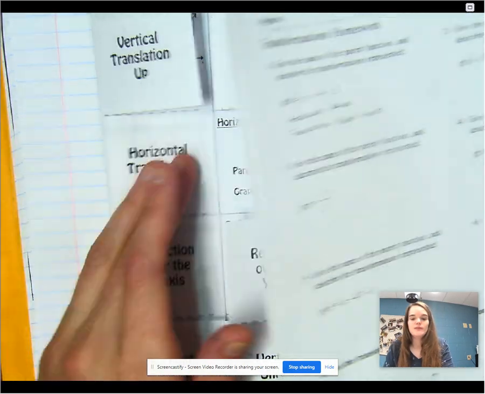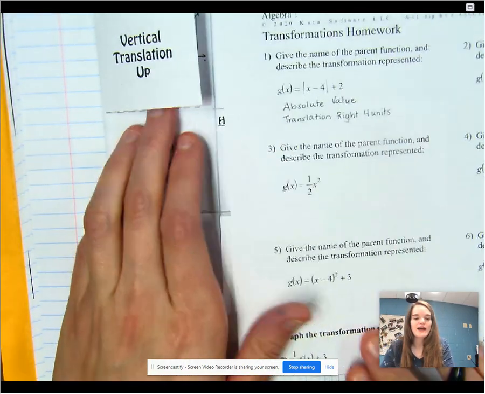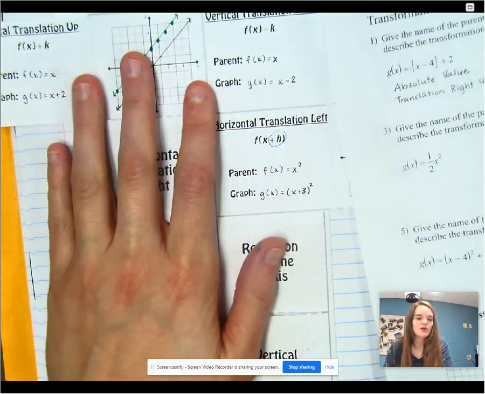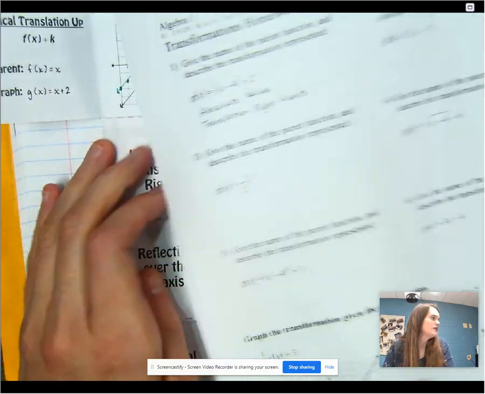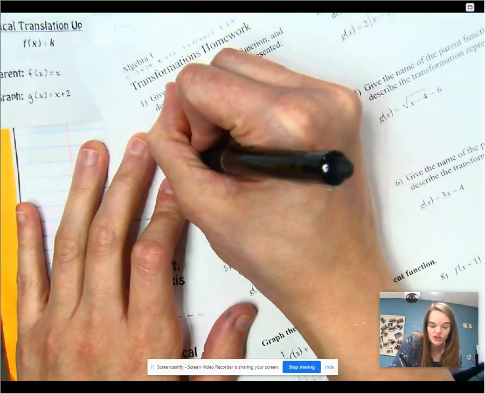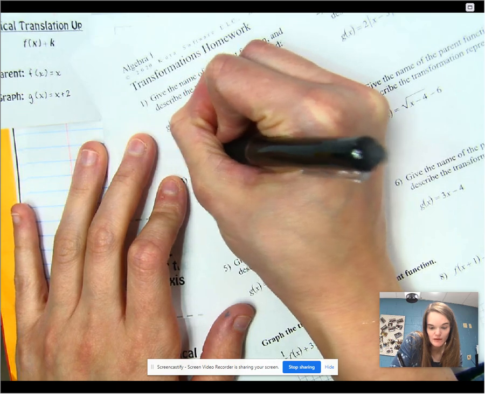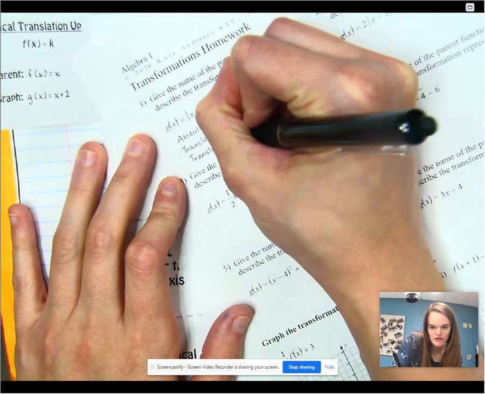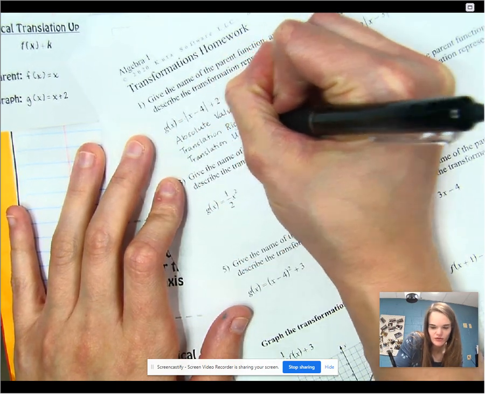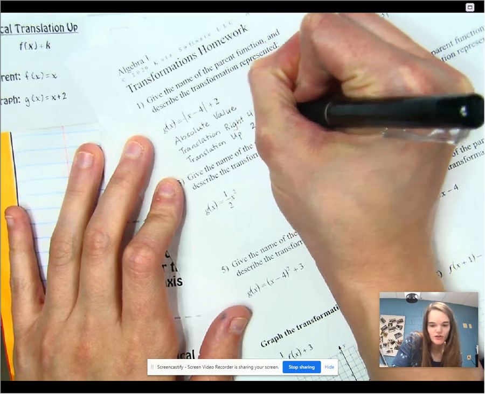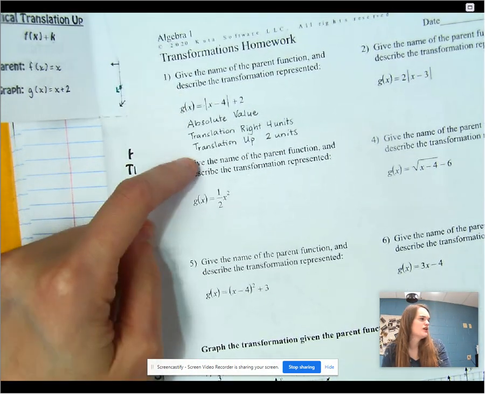Okay? Then with the plus 2, we have either a translation up or down. It is plus, so it is a translation up 2 units. That is what you are going to do on each of these, is describe what is going on.